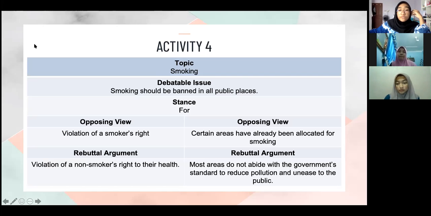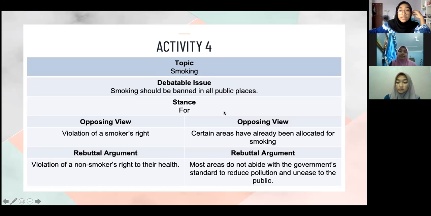So for the first question, the topic is about smoking, and the debatable issue is smoking should be banned in all public places, and the writer stands for the issue. So the opposing view given is violation of a smoker's right. And I think the suitable rebuttal argument for this opposing view is violation of non-smoker right to their health.